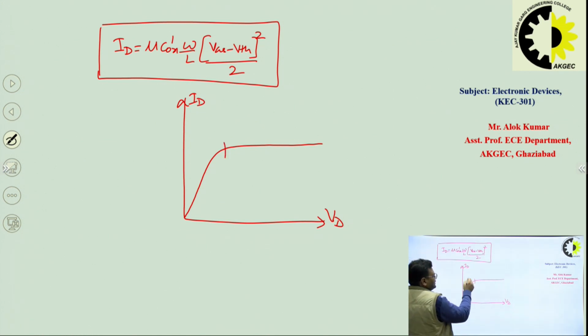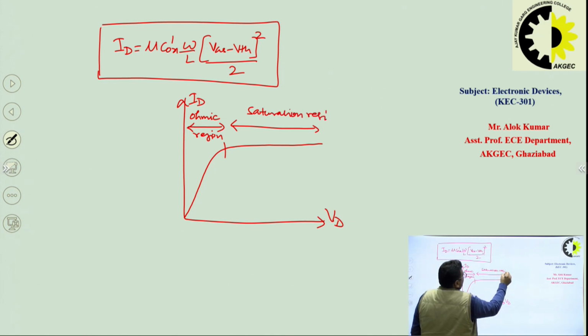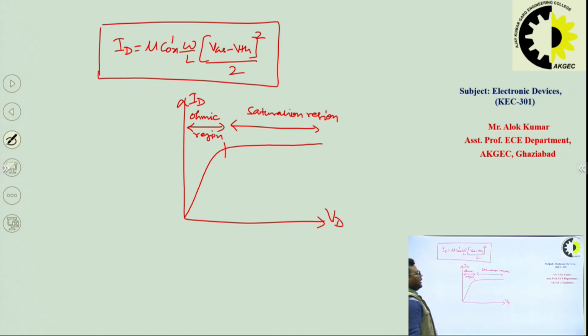Here this is the triode region or ohmic region, and after this, when the current is constant, this is the saturation region, and in both cases we have found the current equation. This voltage should be VGS minus VTH, right.